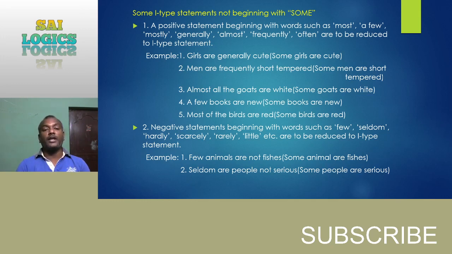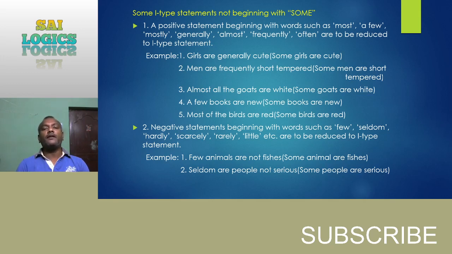So here it is talking about positive statement and beginning with words such as most, a few, mostly, generally, almost, frequently, often. So that particular statement has to be reduced to I type of statement.